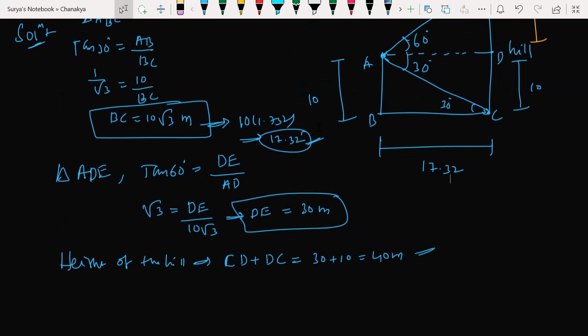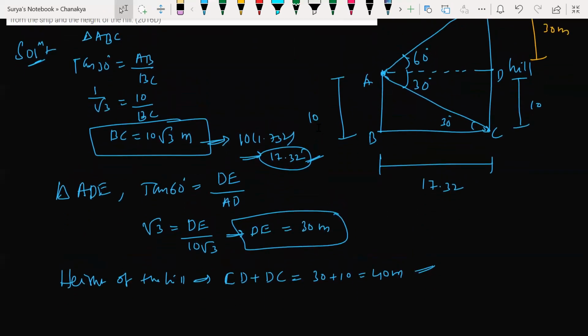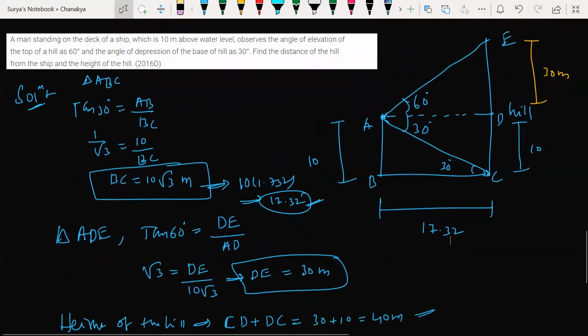Guys, how many of you got this? I didn't understand how you got this 30. Sir, I calculated BC, and when I did BC, I got 10 root 3 meters. So AD will also be 10 root 3 meters.